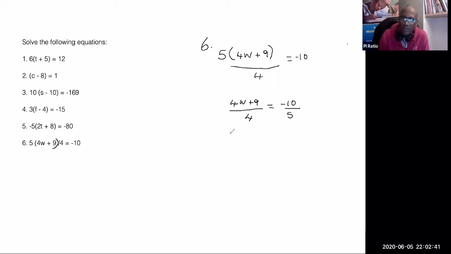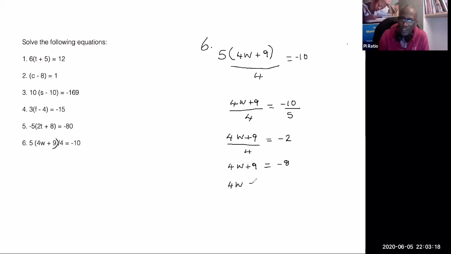So next line will read 4w plus 9 over 4 is equal to minus 2. Next line will read 4w plus 9 is equal to minus 8.